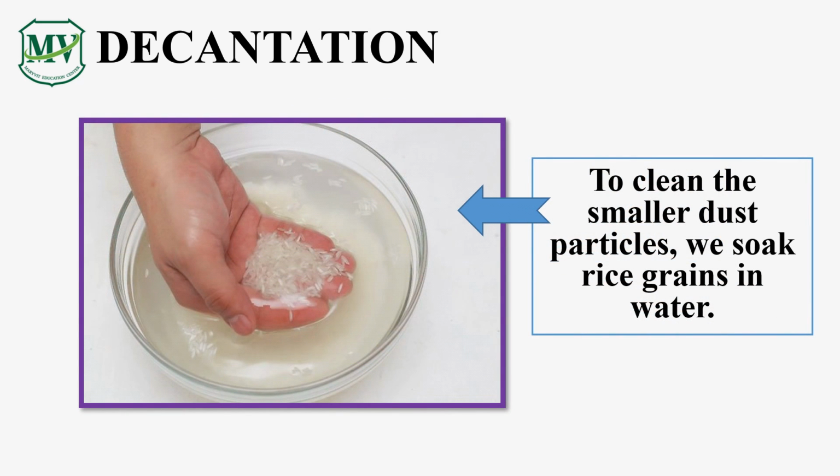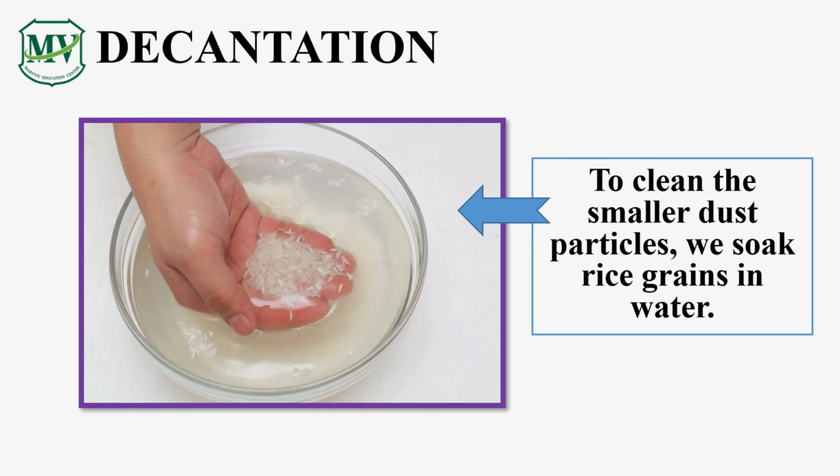This time, I will show a very good example of decantation, and that is separating rice from water. Have you tried this at home? Well, to clean the smaller dust particles, we soak rice grains in water.